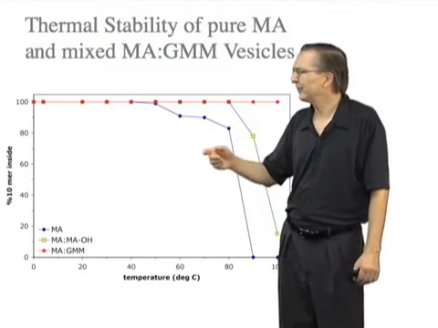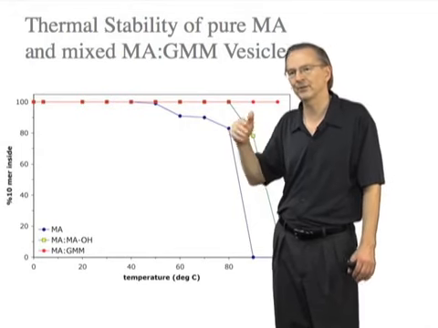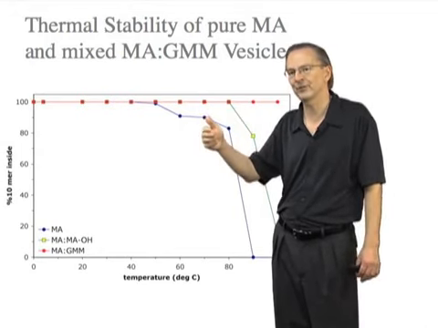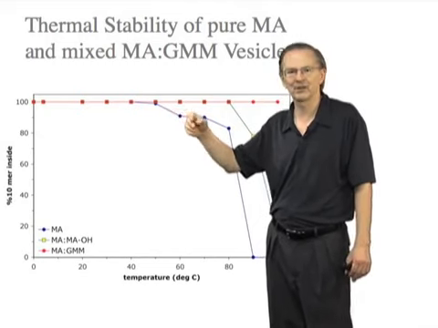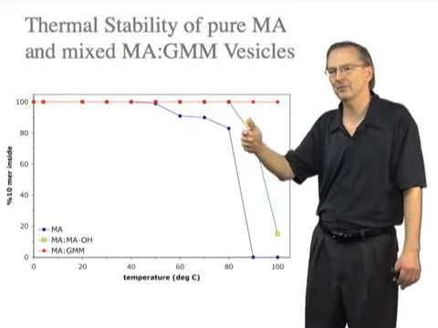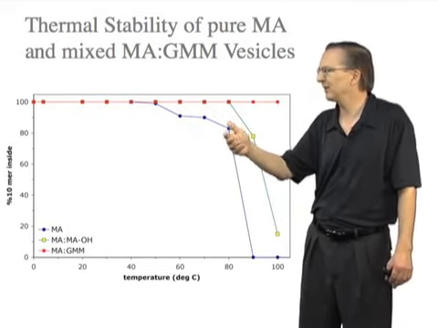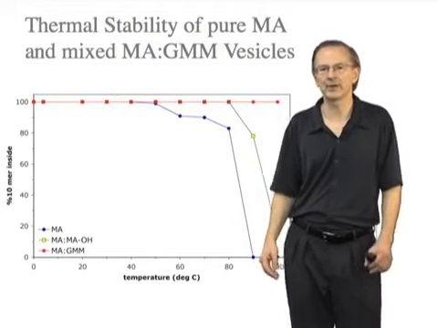Now, if the membrane is composed purely of myristoleic acid, this 14-carbon singly unsaturated fatty acid, you can see that up to about 50 degrees, nothing leaks out over an hour. But as the temperature goes up to about 80, they become more leaky, and then at 90 degrees, everything is leaked out over an hour.